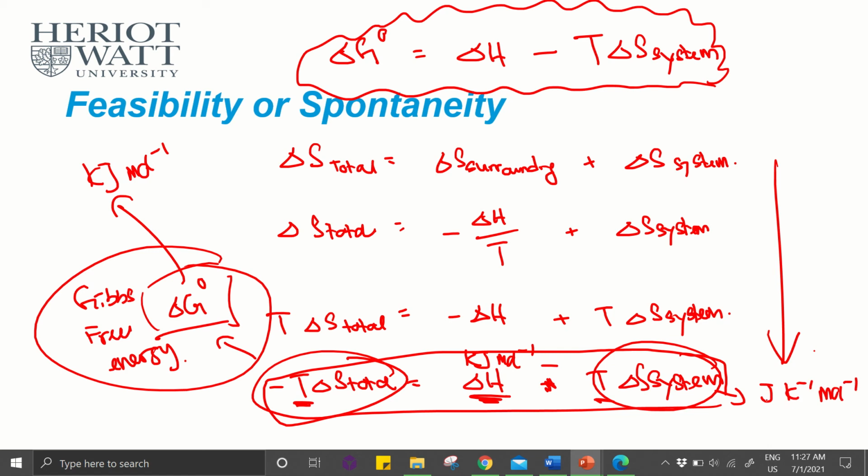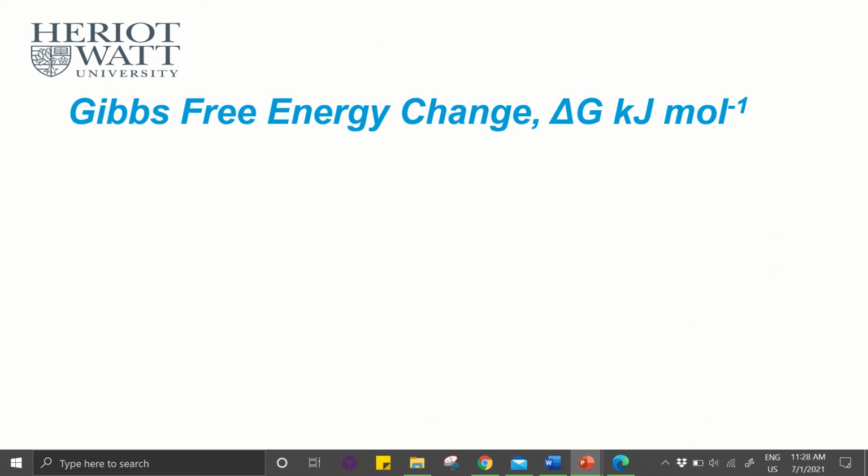So you have to convert this into kilojoules per mole per Kelvin. You change the joules into kilojoules before you substitute into this equation, and then we calculate the Gibbs free energy change. So this is how we calculate the Gibbs free energy.